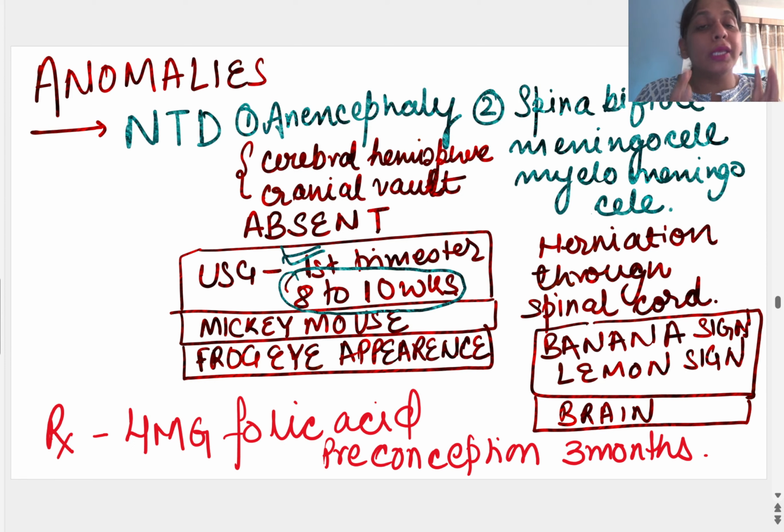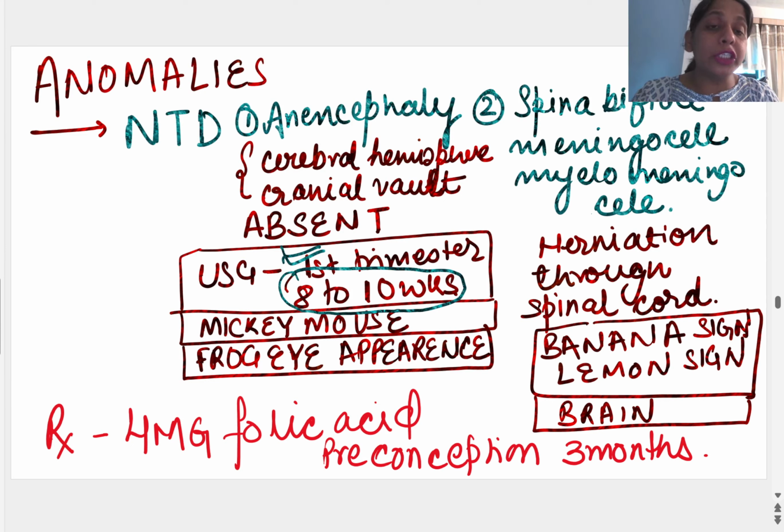So Mickey Mouse or frog eye appearance, because the forehead, skull bones and cerebral hemisphere are absent. So big, round eyes, known as Mickey Mouse and frog eye appearance, and here the cranial vault is absent.